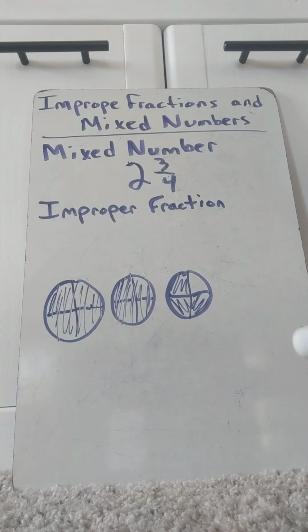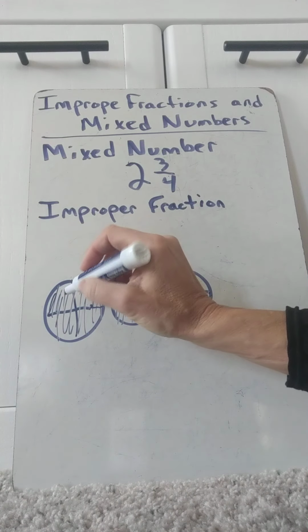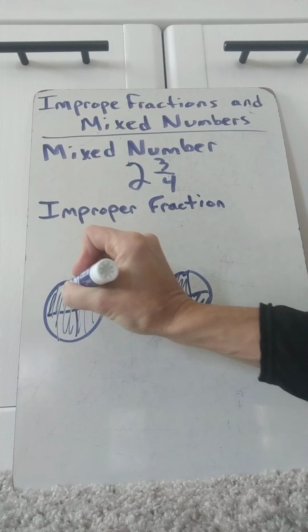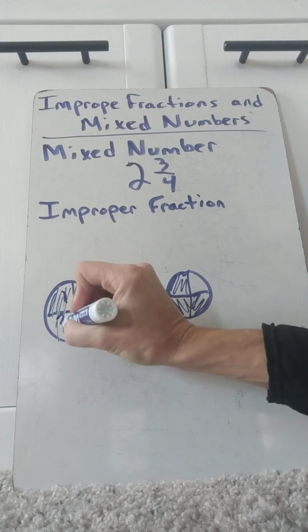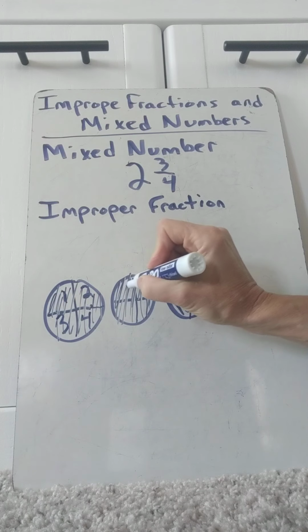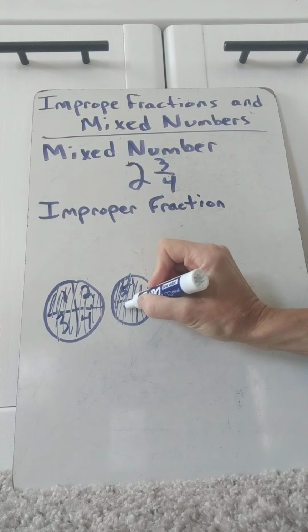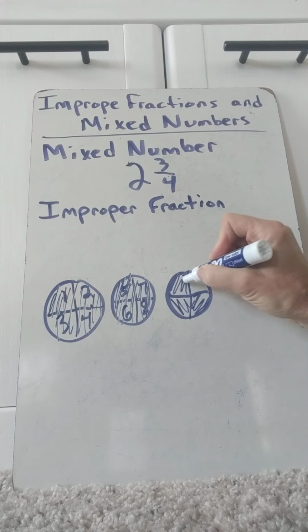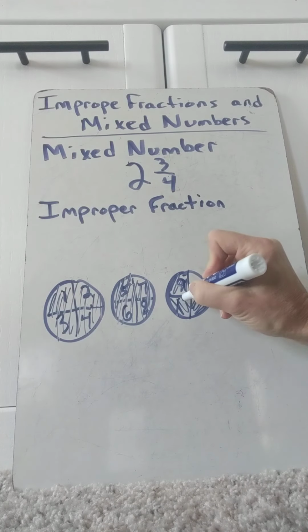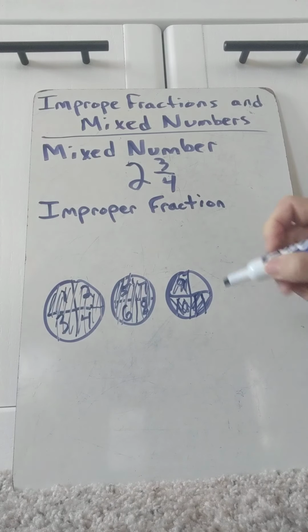Now, what is it as an improper fraction? Okay, well, let's count how many parts we have. Okay, 1, 2, how many parts that we shaded? 3, 4, 5, 6, 7, 8, 9, 10, 11.